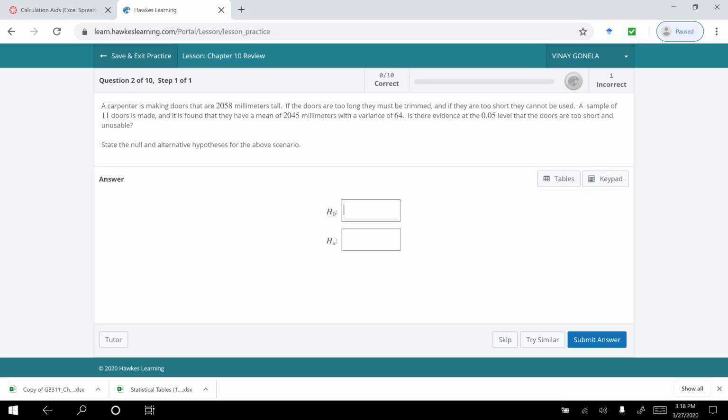If the doors are too long, they must be trimmed, and if they are too short, they cannot be used. So a sample of 11 doors is made, and it is found that the mean, I think it is a one-tail problem. I will skip this one. Let me try to find a two-tail problem.